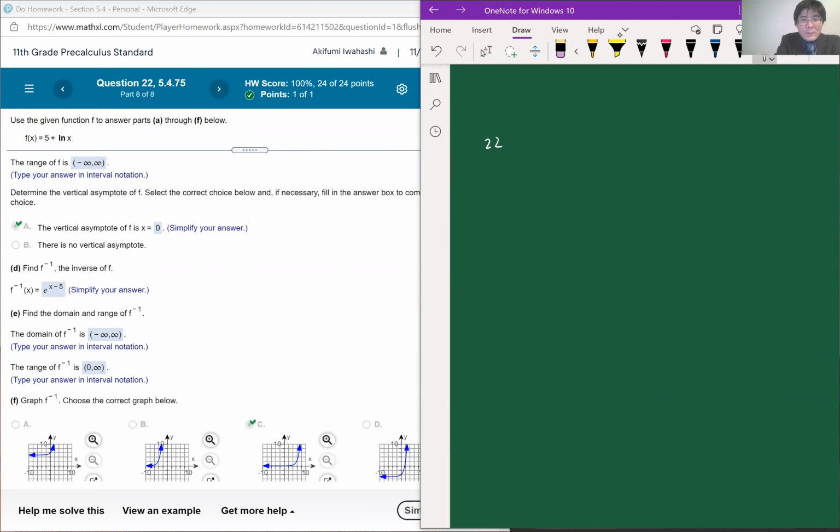Okay, number 22. Let's say we have a function f(x) equal to ln of x plus 5. So ln of x is a basic function, looks like this, and you shift 5 upward.